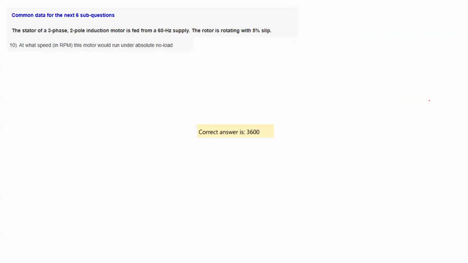And then in the last question: at what speed would this motor run under absolute no load? So at no load, Nr is approximately equal to Ns. That is because slip is nearly zero.